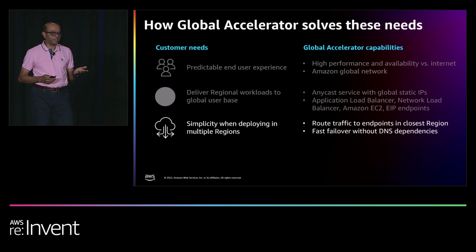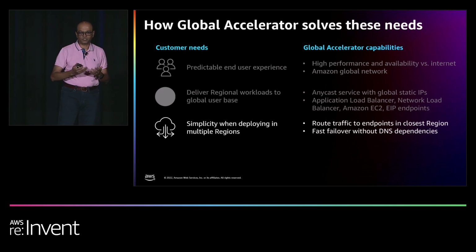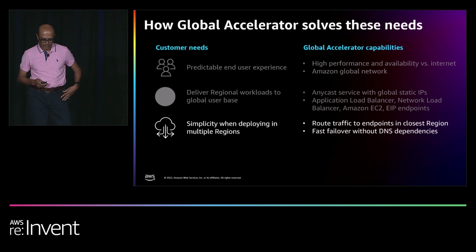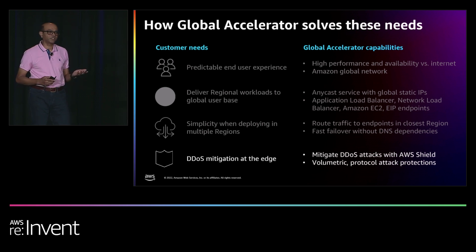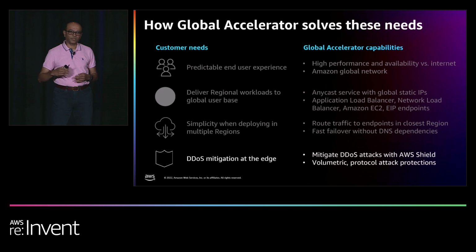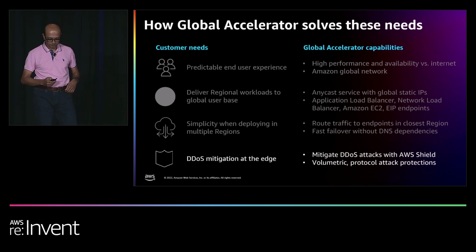The other key benefit here is the ability to do fast failover across endpoints without relying on DNS, because DNS caching by your end users, by the clients, the browsers, is not necessarily a good thing. And lastly, in combination with AWS Shield or Shield Advanced, Global Accelerator protects your traffic from volumetric and protocol attacks at the edge and as close as possible to the source.